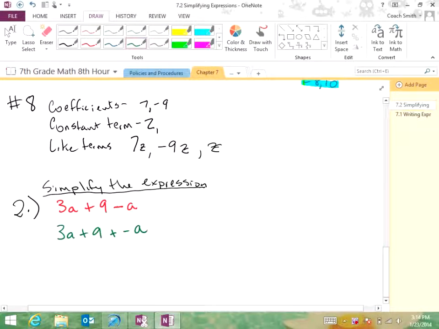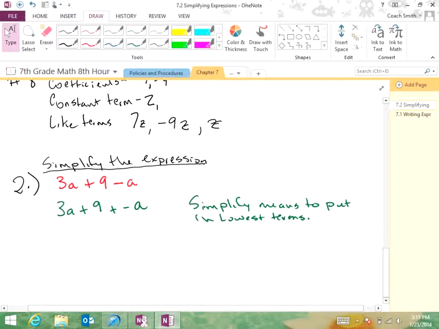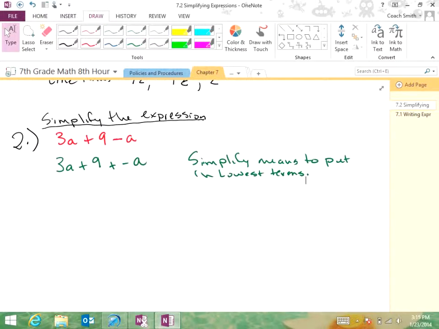Now we're going to talk about how we simplify. Simplify means to put in lowest terms. What we're going to do is, we said a while ago, what were the like terms in this problem?